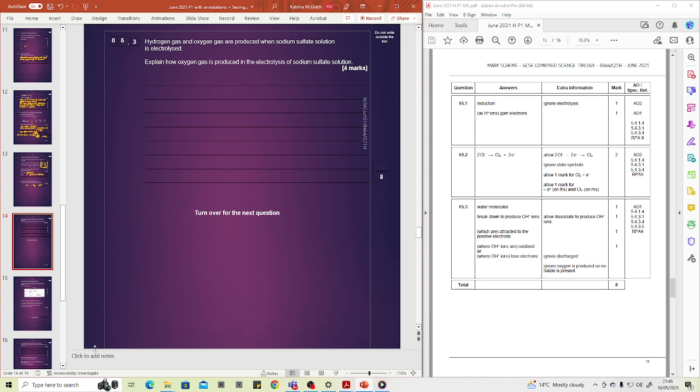So hydrogen gas and oxygen gas are produced when sodium sulfate solution is electrolyzed. So this is yet another required practical, and it's asking you about the oxygen gas being produced. So we could give an equation here, which isn't even given on the mark scheme, it should be.